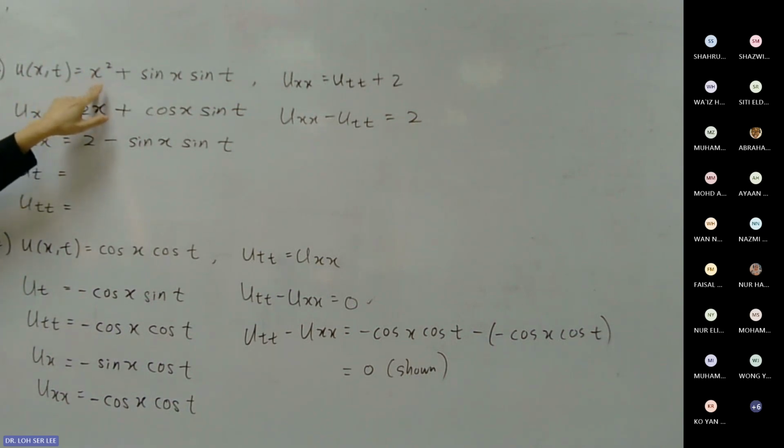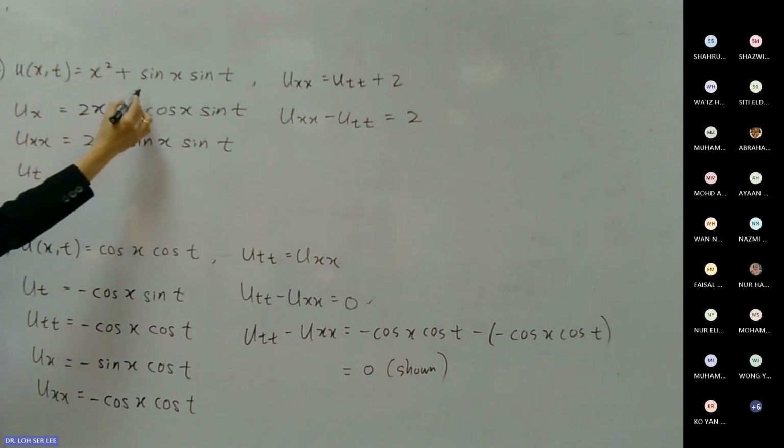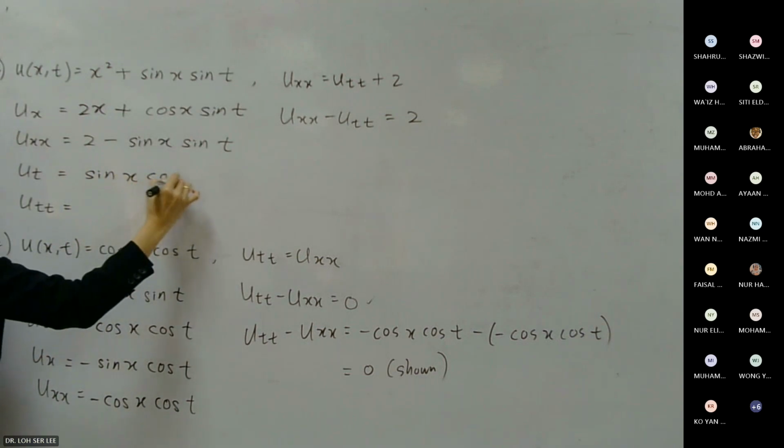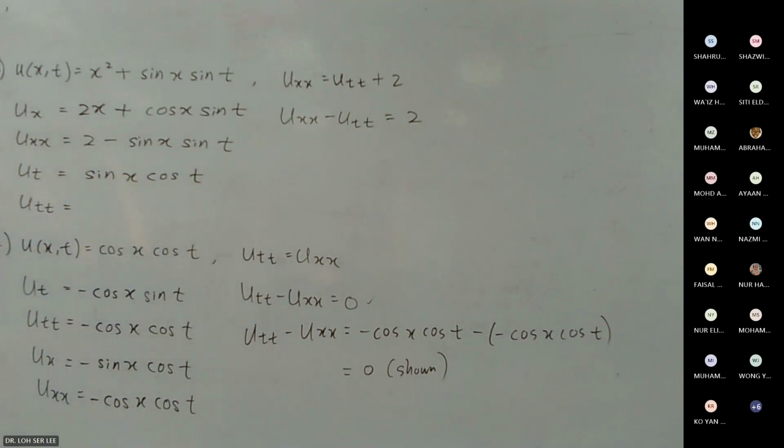That means x squared is a constant. When you differentiate a constant, you get 0. Here sine t, you get a cos t. Because we are treating x as constant when we are differentiating u with respect to t.